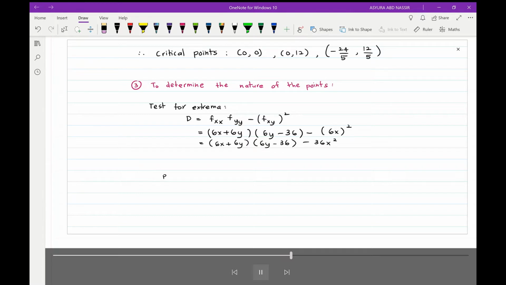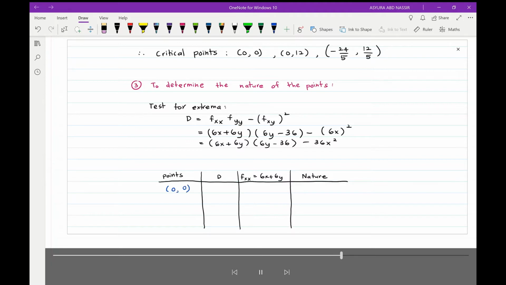Continue. Next, we will determine the nature of the points. Okay, we have 3 points, (0, 0), (0, 12), and (negative 24 over 5, 12 over 5). So the first one, when the point is (0, 0), your D is 0, that means there is no conclusion.